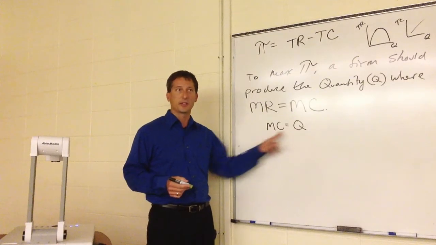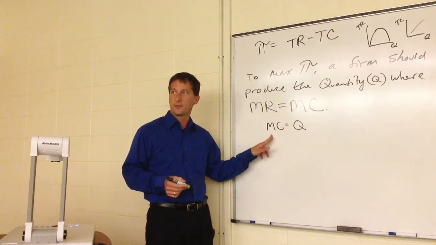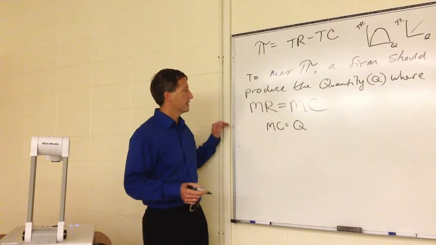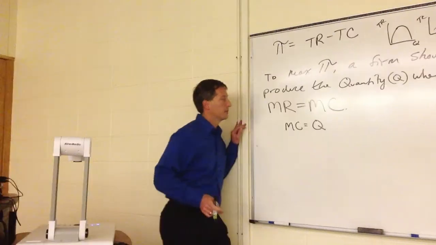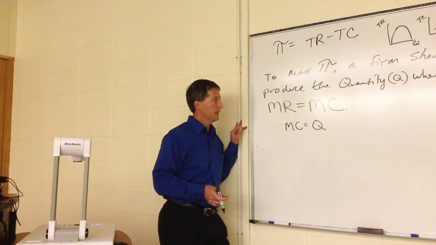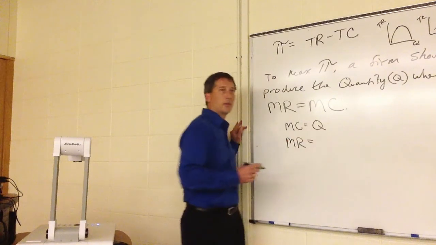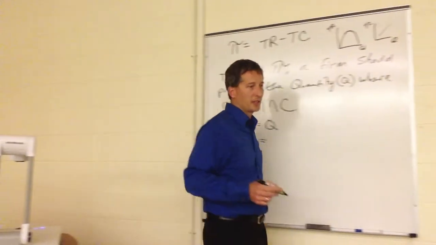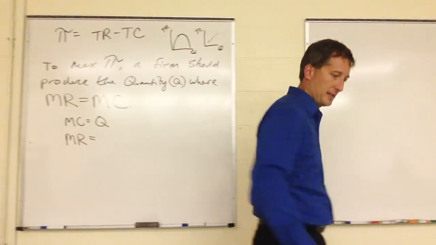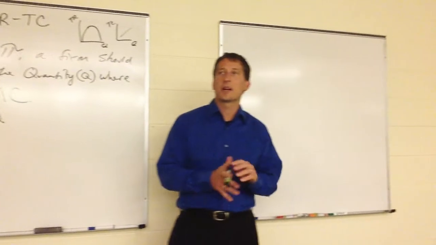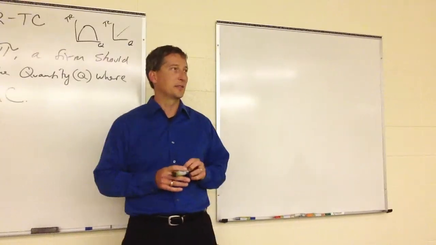You produce 100 units, you got 100 bucks worth of cost, right? So marginal costs are equal to Q. What about marginal revenue? What does the marginal revenue function look like for this company since it's operating in a perfectly competitive environment?